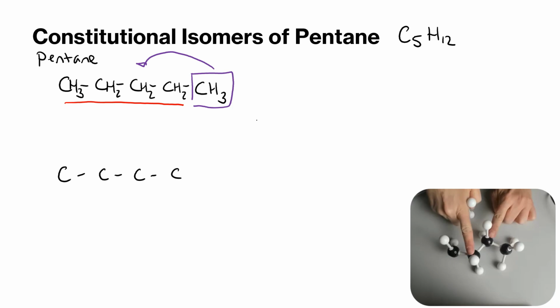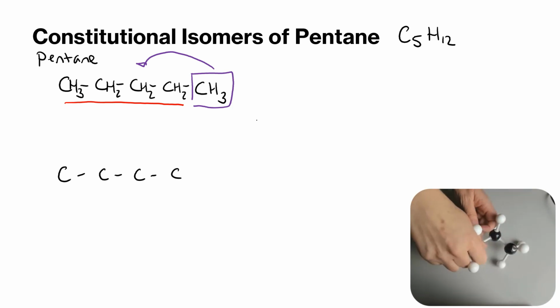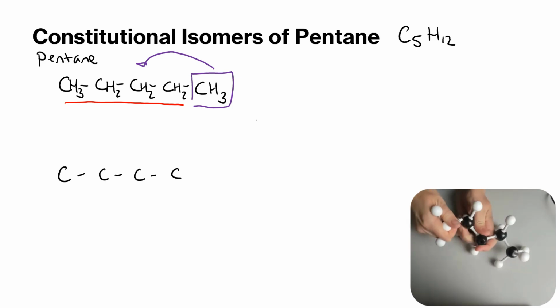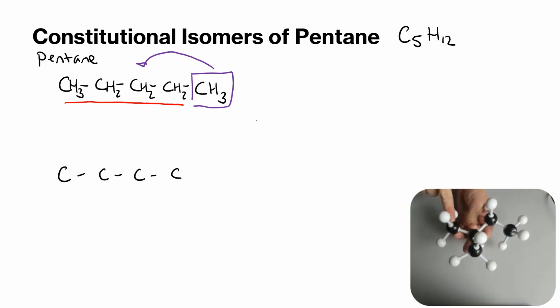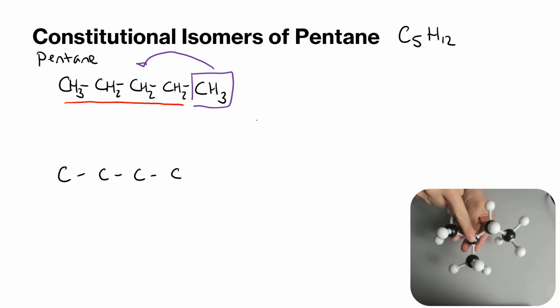So I need to bond to one of the 2 interior carbons. It does not matter which interior carbon I bond to, because if I substitute out this hydrogen, we get carbon 1, carbon 2. So carbon 2 would have that methyl group.